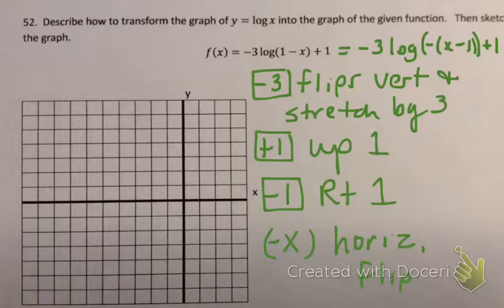So now we'll see if we can put that on our graph. Again, we'll start with the parent graph, and we'll put that in orange to help it stand out. And then we'll come back to our green color to graph the function. So we know that it goes through the point 1, 0, which is there. And then because this is the common log now, our base is 10.